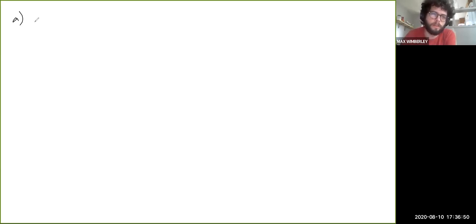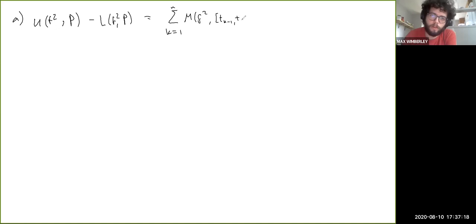So we have that U(f squared, P) minus L(f squared, P) is going to be the sum from k equals 1 to n of the capital M of f squared on [t_{k-1}, t_k] minus the little m of f squared on [t_{k-1}, t_k], all times t_k minus t_{k-1}.